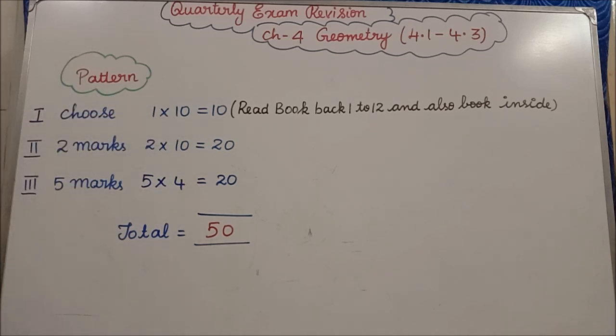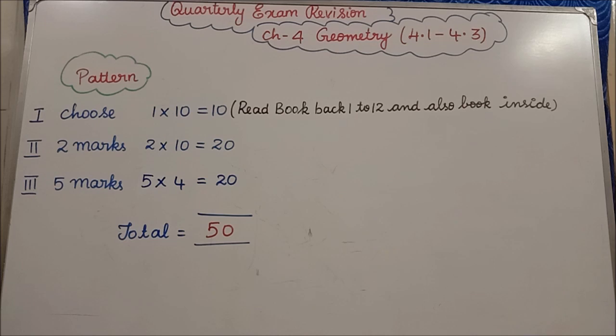The third subdivision is 5 marks. In 5 marks, you are going to attend 4, so 4 fives are also 20 marks. In 5 marks you will be having 6 or 7 questions, out of which you have to attend only 4. The question you know thoroughly, attend that first. Clear?